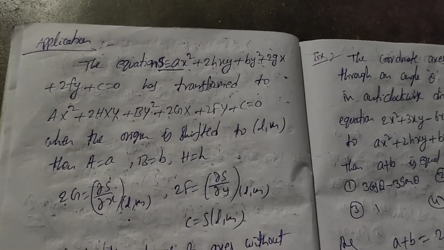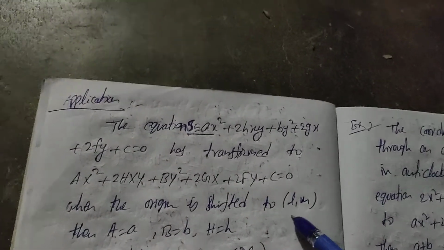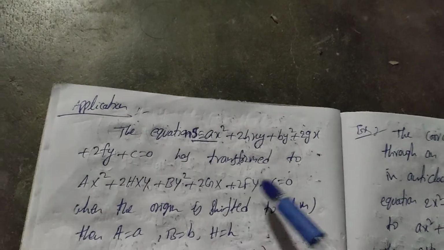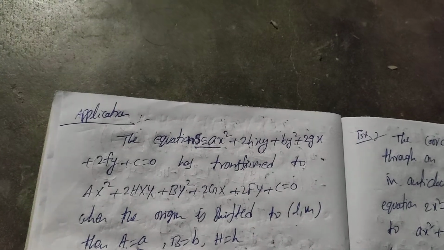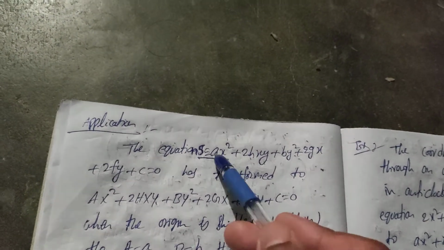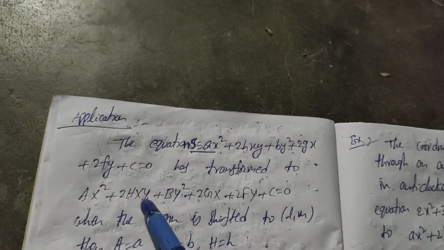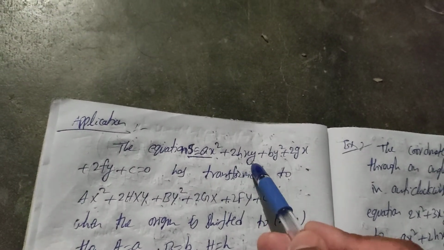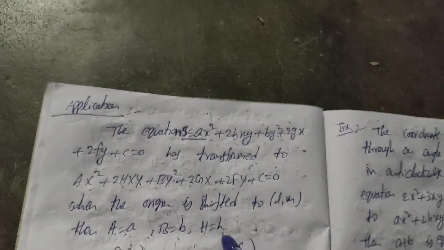When the origin is shifted to some point (L, M) and this equation refers to this equation, then we can say very clearly that a, the coefficient of x square, is not changed, that means both are equal, and the coefficient of y square is also equal, b is equal to B, and the coefficient of xy, here 2h, here capital 2H, 2 gets cancelled, so h is equal to H.